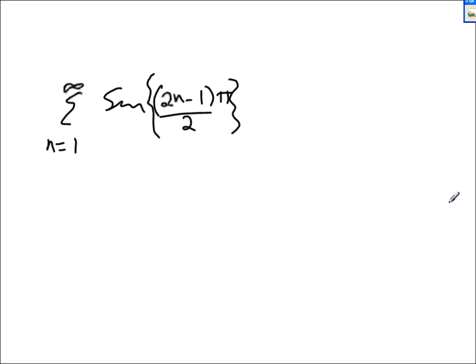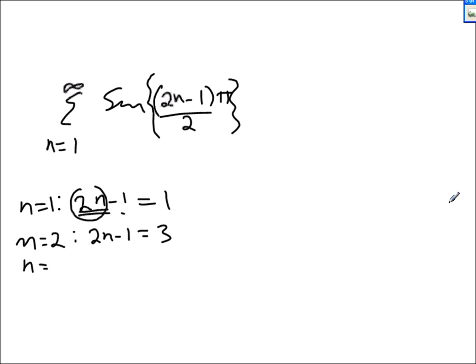Let's see what happens to 2n minus 1. If n is 1, it's 2 times 1, which is 2, minus 1 is 1. When n is 2, 2 times 2 is 4, minus 1, it's 3.